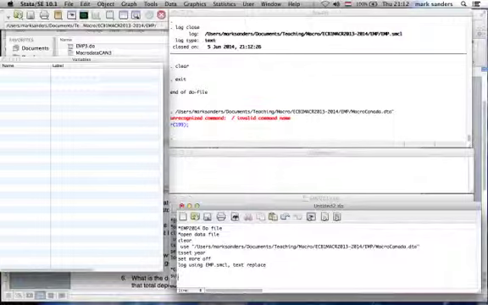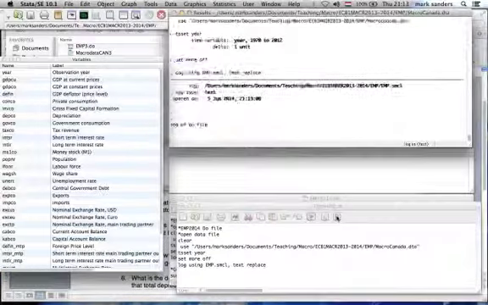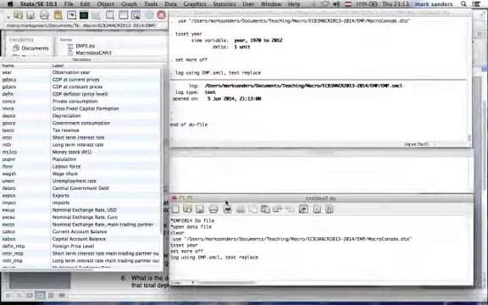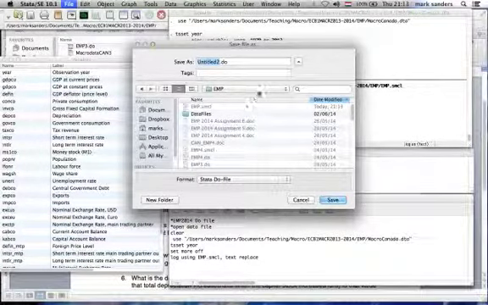So if I run all those commands, it opens the log, it opens the data set, it sets year as my time variable, eliminates this more command, and we're all set. Let me first save this file as EMP5 for Canada.